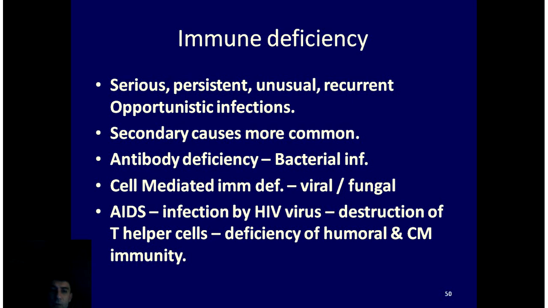I want to focus your attention on, maybe it is an oversimplification, that if the main problem in the immune system is within the humoral immune response, as a rule we have a problem fighting bacterial infections, while when the main problem is in cell-mediated immune responses, we have many more viral and fungal infections. This is a simplification, of course, but there is more or less such a relationship.